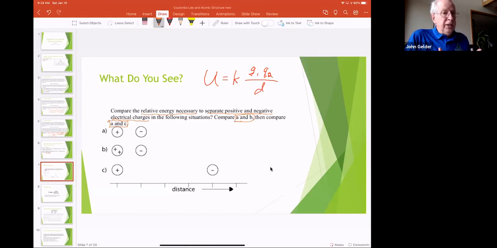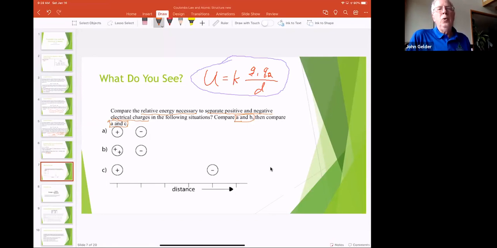And essentially, just by looking at these little choices, this model, 80 to 90% of you have invented Coulomb's law, which interestingly enough doesn't appear on the equation page of the AP exam, yet it is riddled through the curriculum that the College Board gives to the AP chemistry teacher.